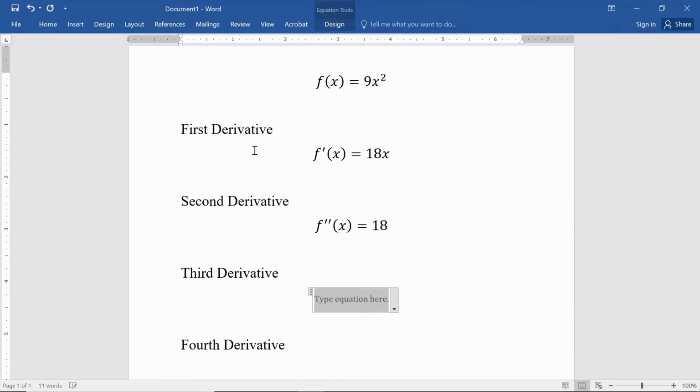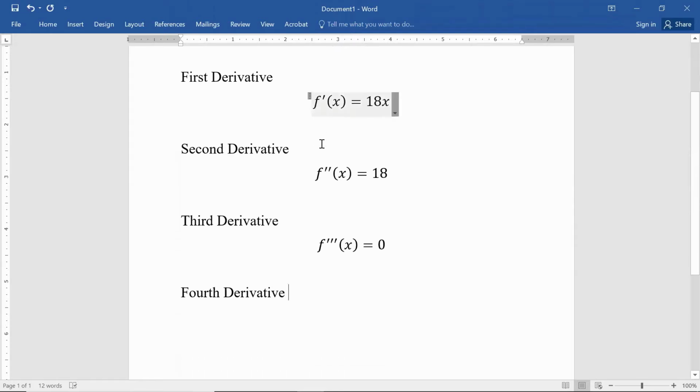The third derivative is f triple prime, or the third derivative of f. And the derivative of a constant number we know is always 0.